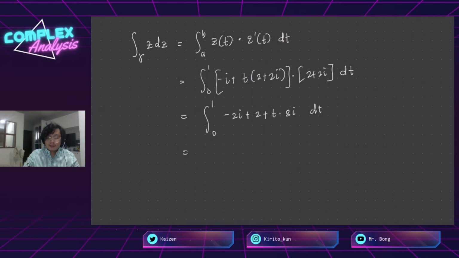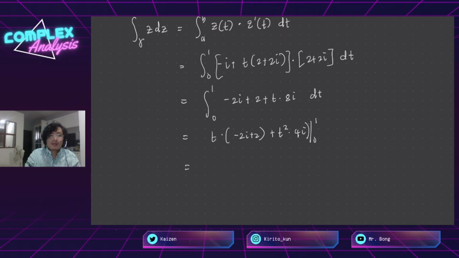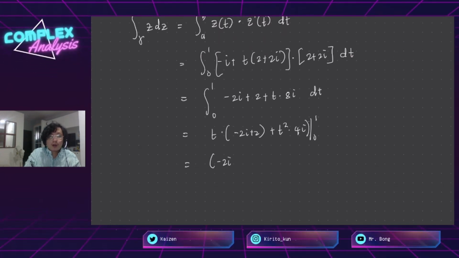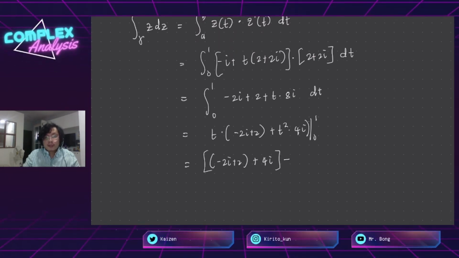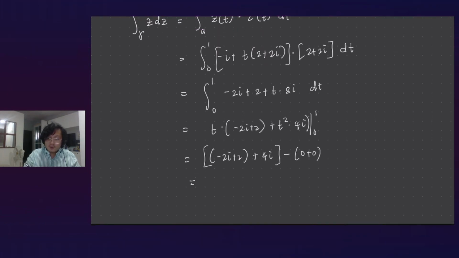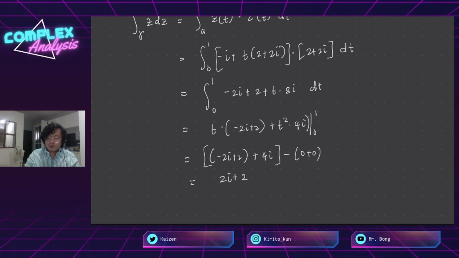We will have t times (negative 2i plus 2) plus t squared times 4i, evaluated from 0 to 1, which is equal to negative 2i plus 2 plus 4i minus 0 plus 0, which is equal to 2i plus 2.